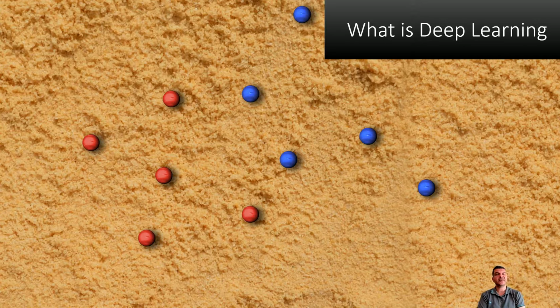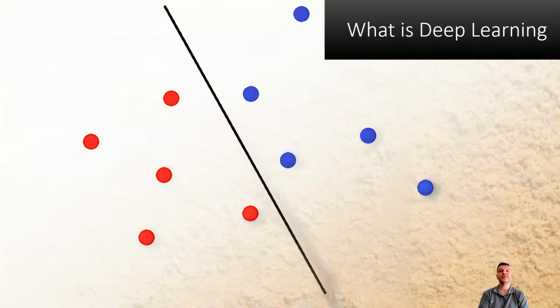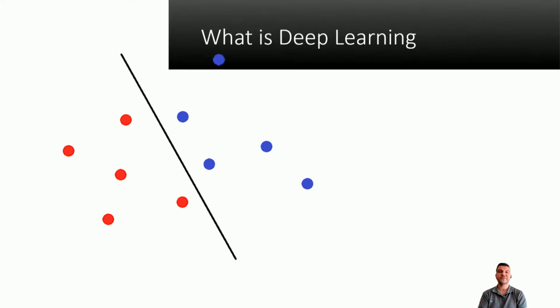And we ask a kid, can you draw a line that separates the blue from the red marbles? That's what the neural network does, the same as the kid draws a line that separates the blue from the red marbles. Now, let's clean this up a little bit and move it to the left.